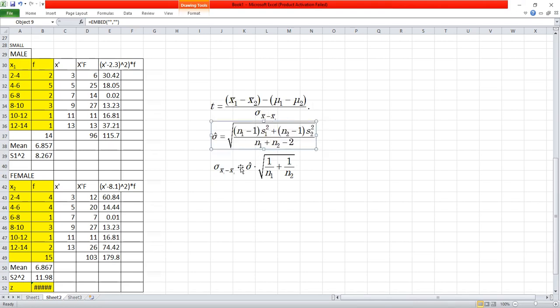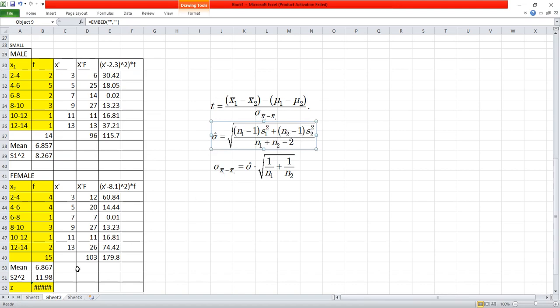What this tells you is, you first of all get this one, which is n1 minus 1. What's n1 minus 1? n1 is 14. 14 minus 1 times S1 squared. S1 squared is what? 8.267, plus n2 minus 1.